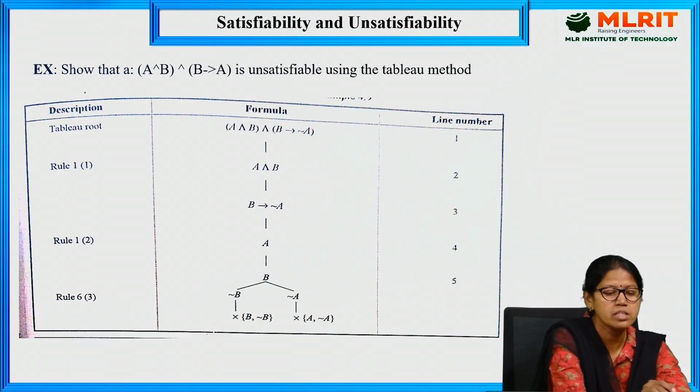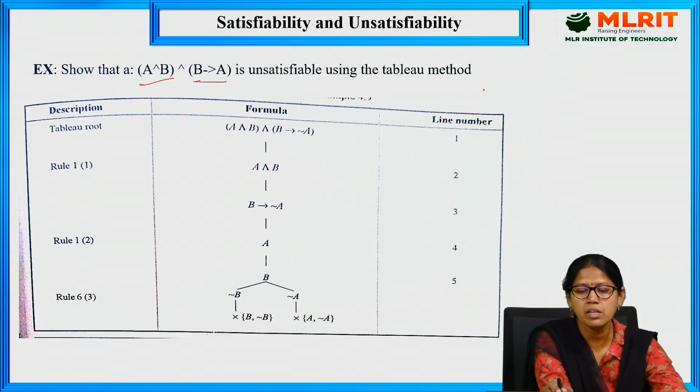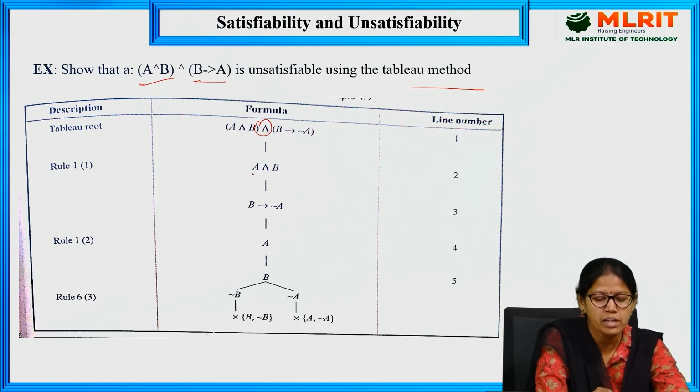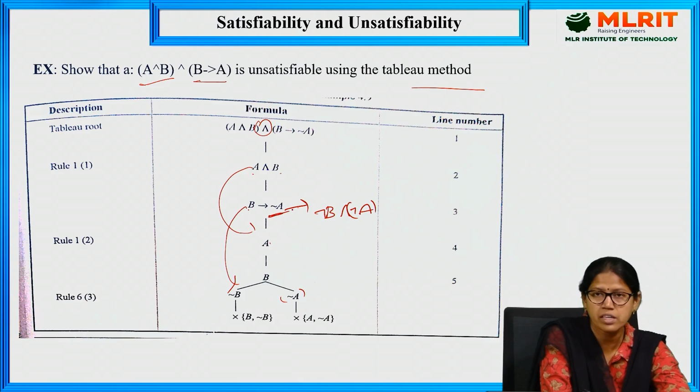Let's see. Show that A and B implies C is unsatisfiable using the tableau method. Here first we need to take A and B implies negation A. Next again A, B. Next negation B, negation of negation A. For this, negation B and negation A, because negation A is already there.